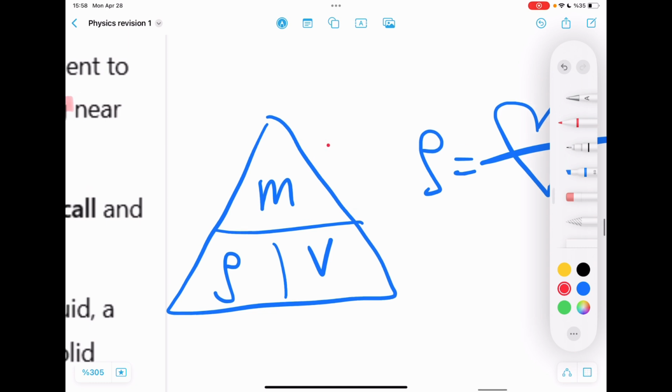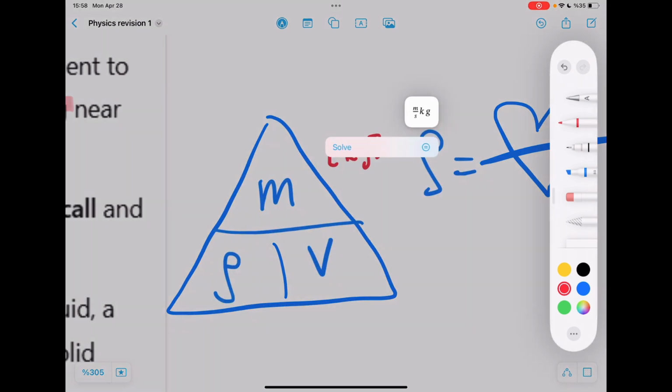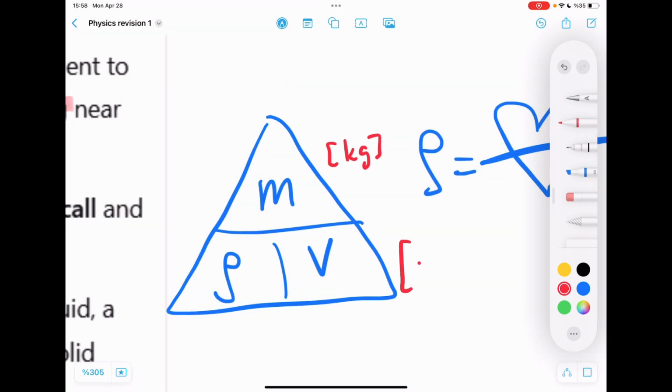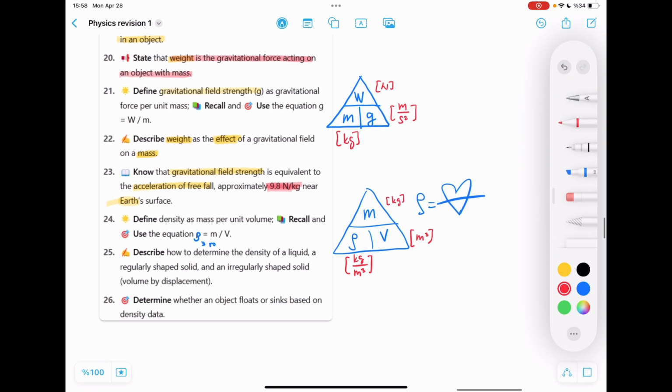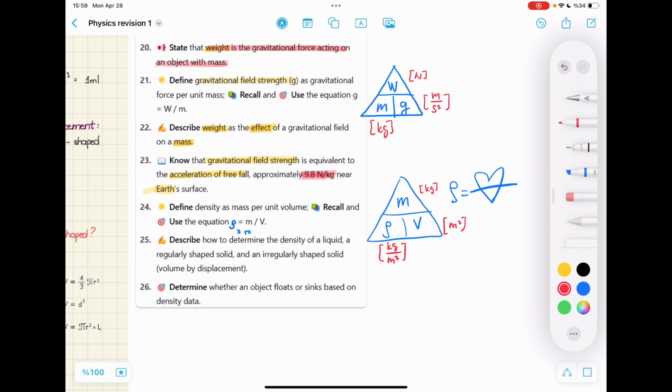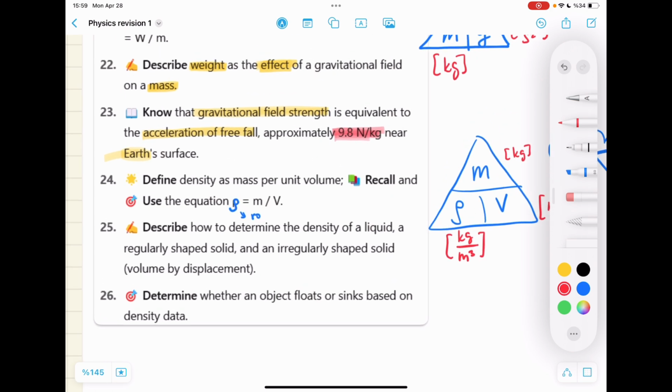Mass will of course be in kilograms. V will be in meter cubed. And for rho, we will have what? Kilogram over meter cubed. Sometimes you will also have grams over centimeter cubed, of course, because we can use different sizes of things.